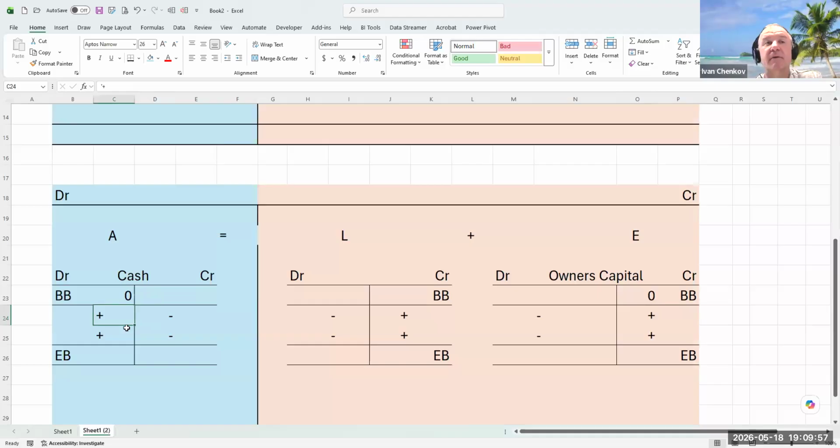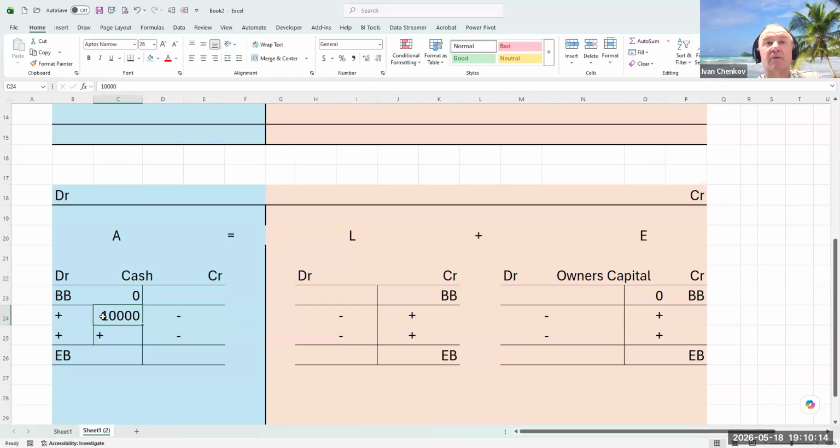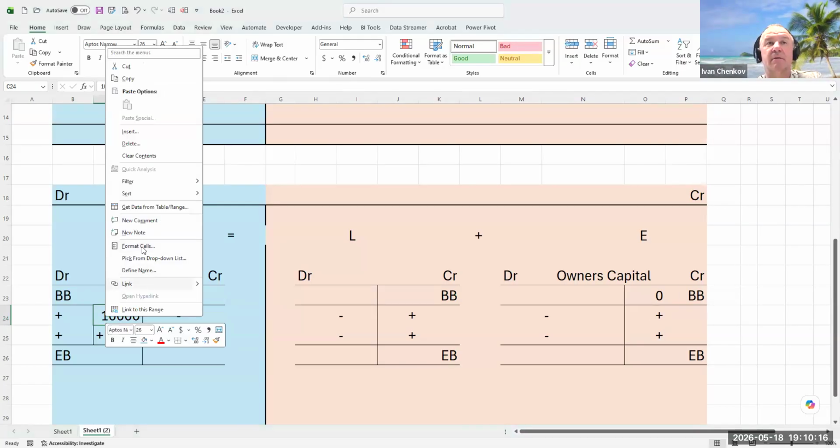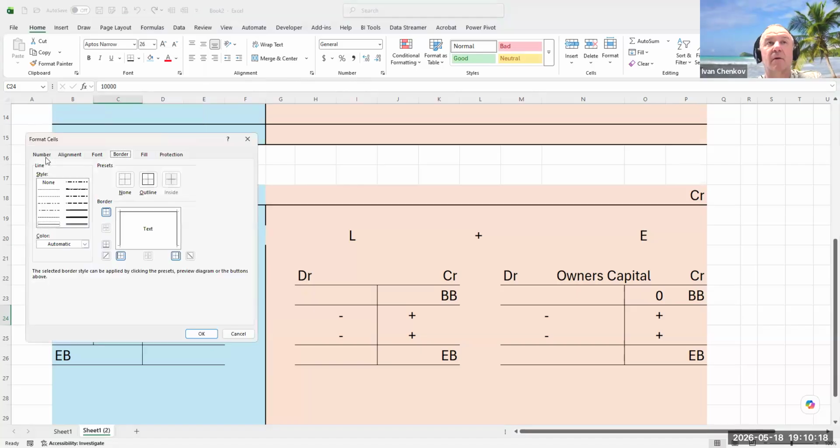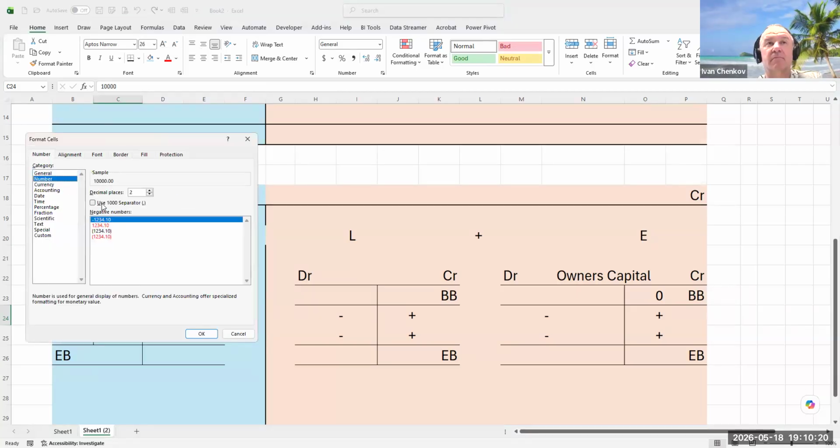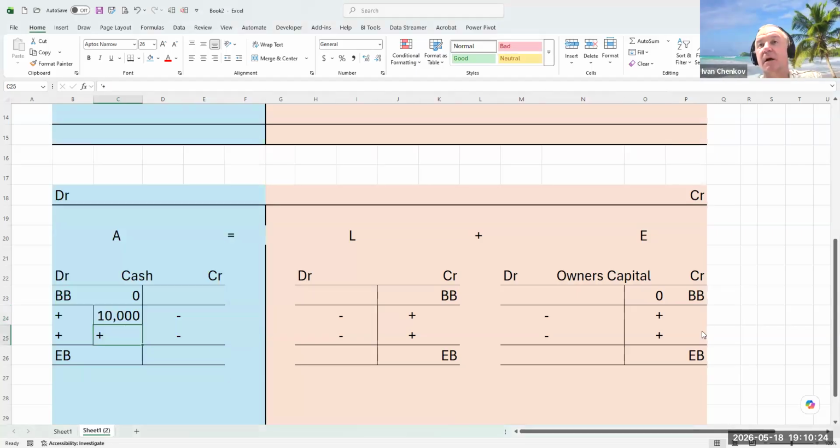Now the owner investing, let's say $10,000 cash. Everything that the owner is going to invest is going to increase the cash. $10,000 cash coming in. But that also is going to give effect on his account as well. So his account is going to go up.